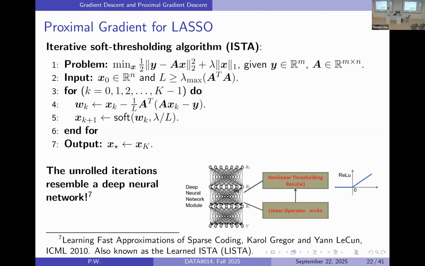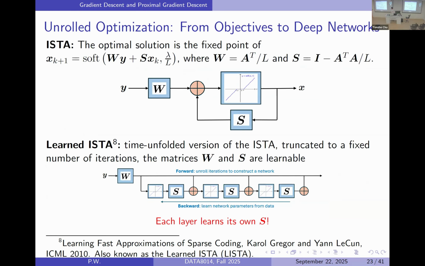You can see in this slide the network connections: using unrolled optimization, you can get a neural network from the Lasso objective, for ISTA, that is proximal gradient descent applied to the Lasso problem.